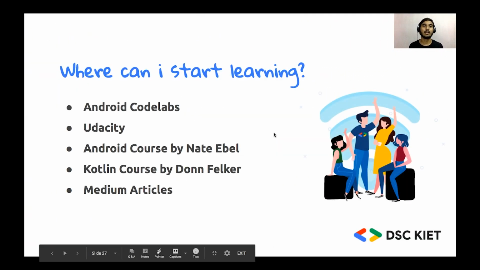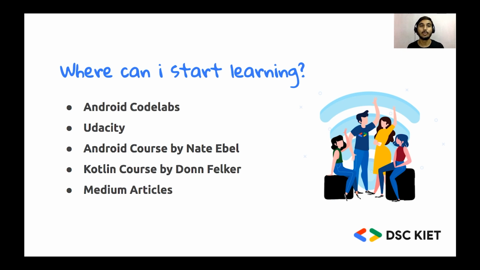So where can I start learning? If you're looking to learn further, then you can prefer these Codelabs, which are available for free. You can prefer the Android Codelab in either Kotlin or Java. Those are available. And if you wish for video lectures, then you can prefer Udacity. We have the same content, Java and Kotlin. And we have another course by Nate, which is actually good and beginner friendly.